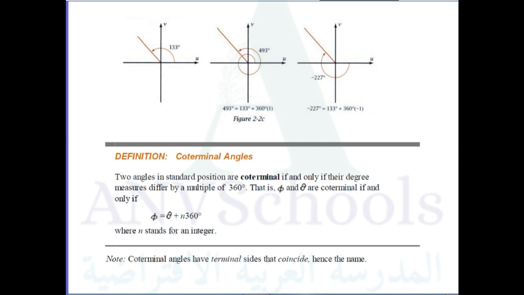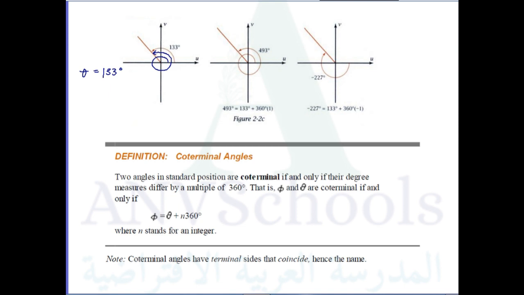The first angle is 133 degrees. Now, how do we look for a coterminal of this 133 degrees? If this is our given, then we could find one coterminal by ending up at the same terminal side. That is why it's called coterminal, because they end up at the same side.